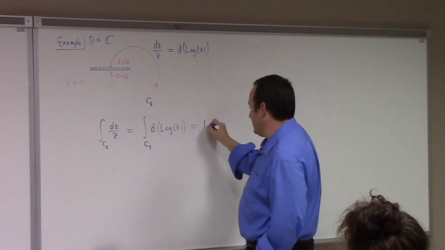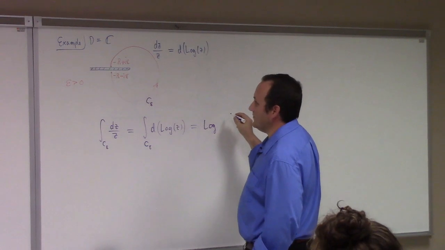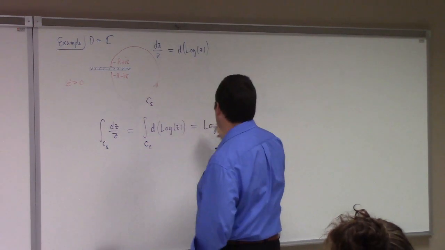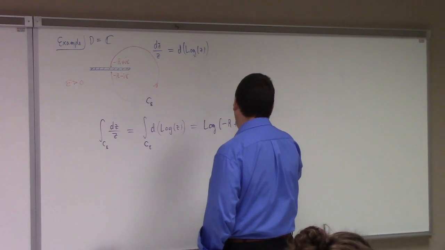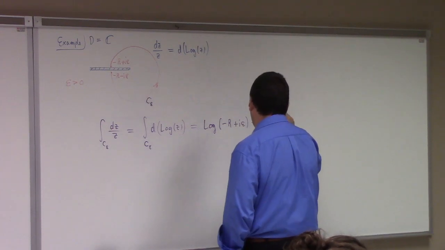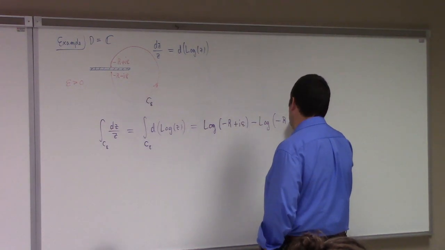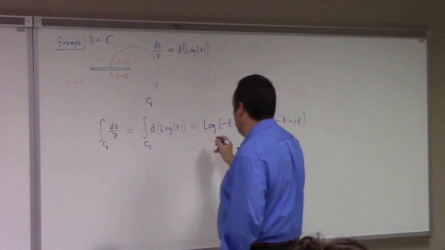So this is just what? Log of, what's my ending point? Minus r plus i epsilon, minus log of minus r minus i epsilon, yeah? Which we can calculate.